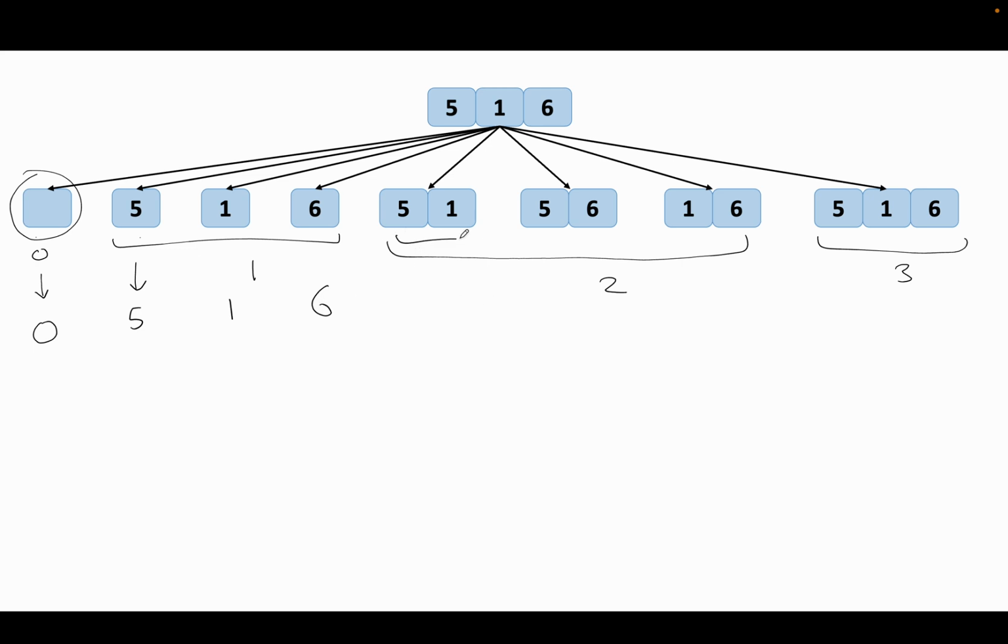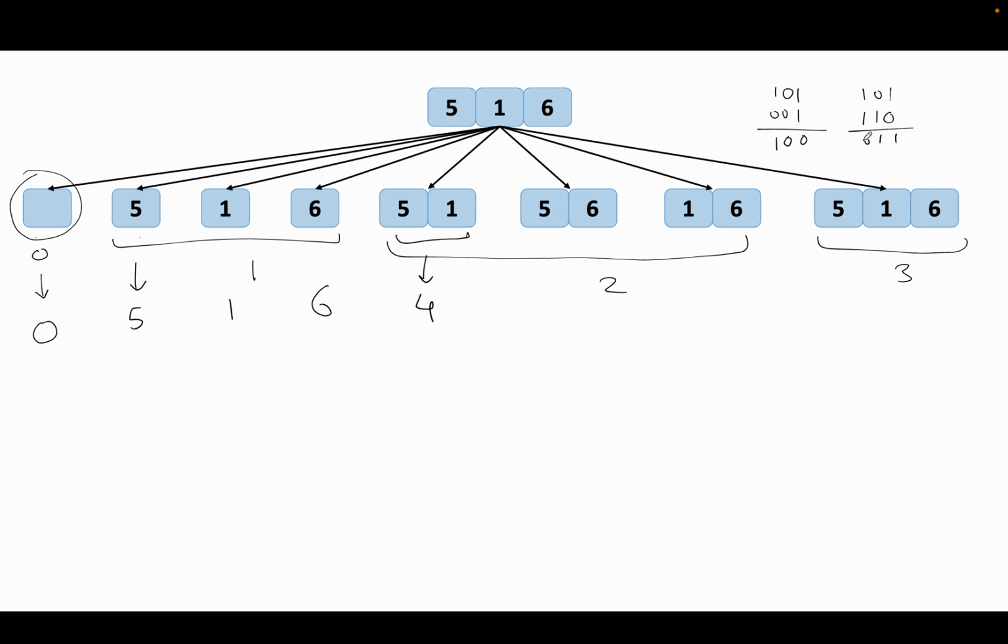Now we have two numbers. So 5 is 1, 0, 1 and 1 is 0, 0, 1. So this becomes 1, this becomes 0, this becomes 0. So it's 4. Next, 5 and 6. 5 is 101, 6 is 110.